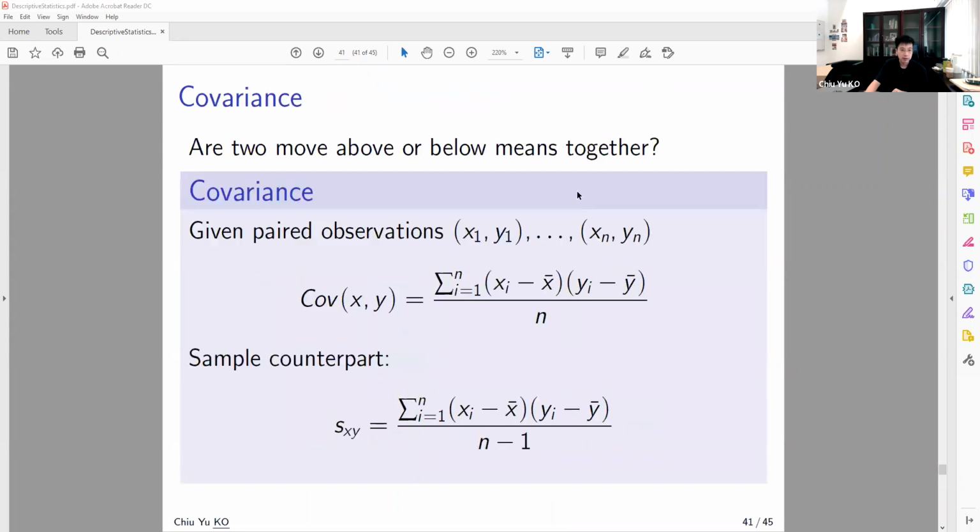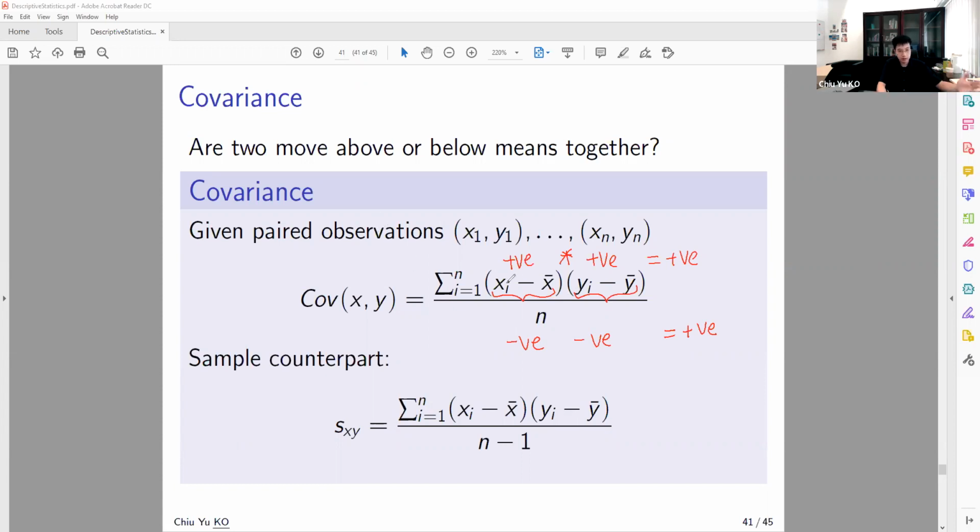The formula is like this. Above the mean is positive, and if the other one is also above the mean, it's also positive. Positive times positive gives you a positive number. So if they're jointly positive, it's positive. If they're jointly negative, again it's positive.